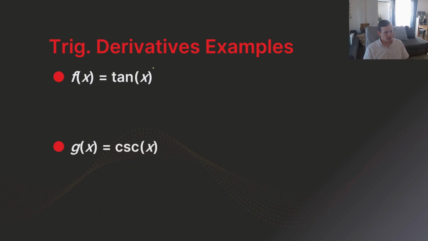So for example, the derivative of tangent of x. Well, we know that tangent of x equals sine of x over cosine of x. That's some trigonometry you should already be comfortable with. So this is a quotient, so to find the derivative of tangent x, I can use the quotient rule.